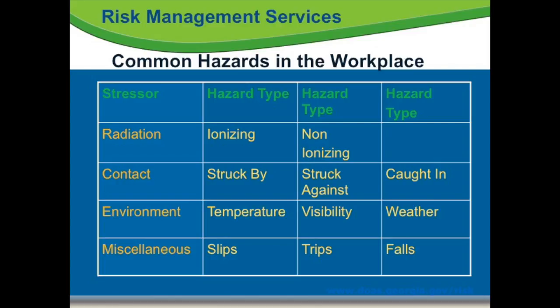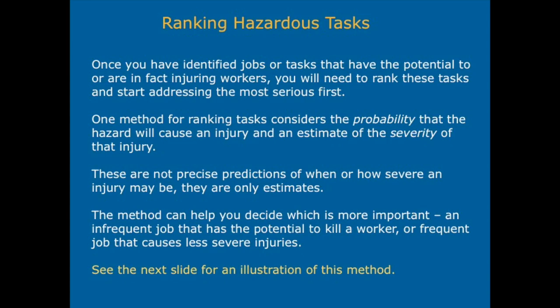Very important. All right, how do we rank hazardous tasks so that we'll know which ones to actually focus on first? If you're going to go in and focus on everything, then it doesn't matter. But like I say, these JHAs are time consuming, and to be done right, they need to be comprehensive. They need to involve any and all hazards.